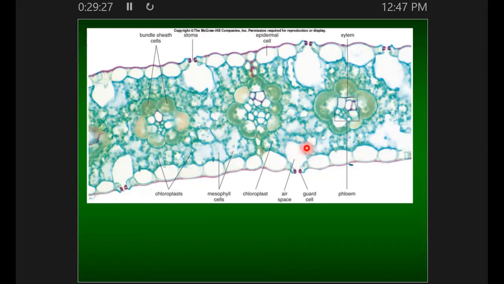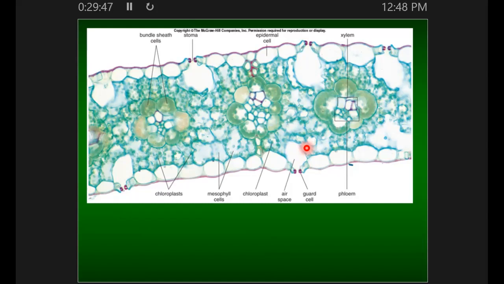Another thing to pick up here, this is a corn leaf. Does anyone know, is corn a monocot or a dicot? Want to take a guess? It's a monocot, and you'll learn how to identify that.